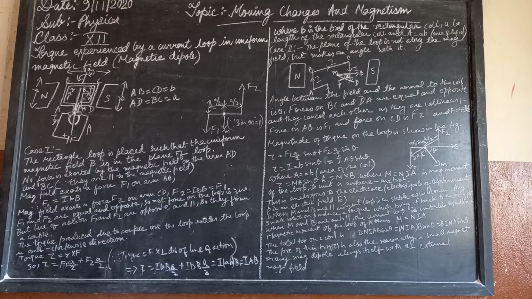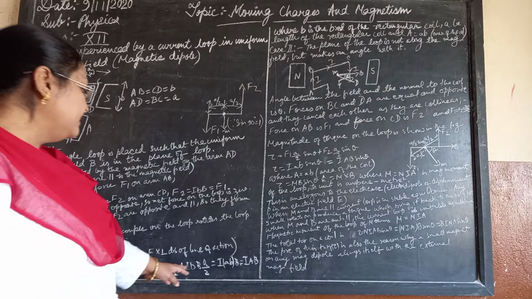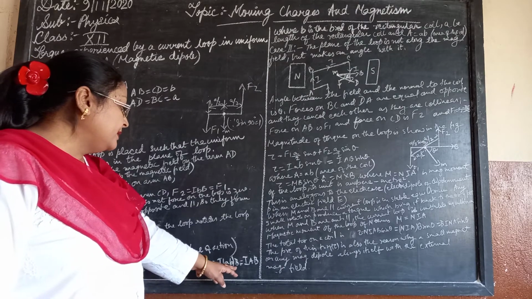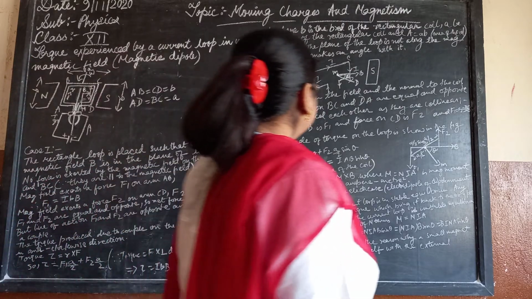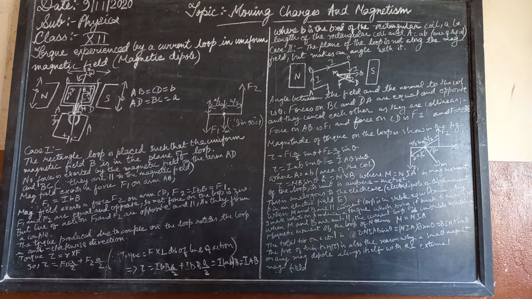So tau is equal to r cross F, where tau is equal to F1 a by 2 plus F2 a by 2. Tau is equal to F into the perpendicular distance of the line of action, that is tau is equal to I b B a by 2 plus I b B a by 2, which is equal to I a b B or I A B, where b is the breadth of the rectangular coil, a is the length of the rectangular coil, and A is equal to ab, the area of the coil.